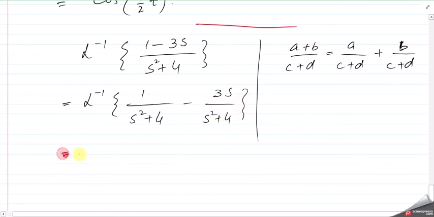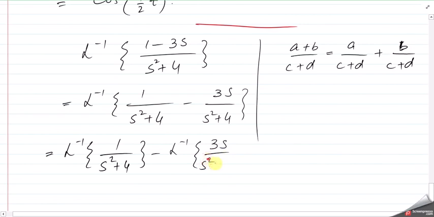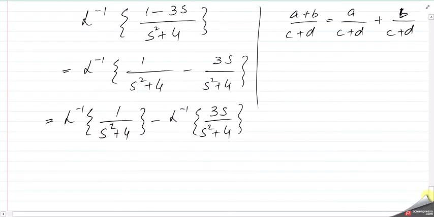Now we can split the Laplace inverse over two functions: Laplace inverse of 1 over s square plus 4 minus Laplace inverse of 3s over s square plus 4. Now the difference between the two is this one has a 1 at the top and this one has an s at the top. So that differentiates between the two.